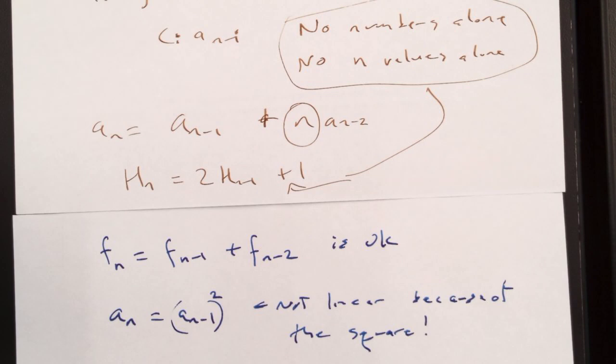Okay, so I'm restricted on what kinds of things I can solve. I'm going to use, in specific, the Fibonacci one as an example, but then I'm going to generalize. How do I solve these things?